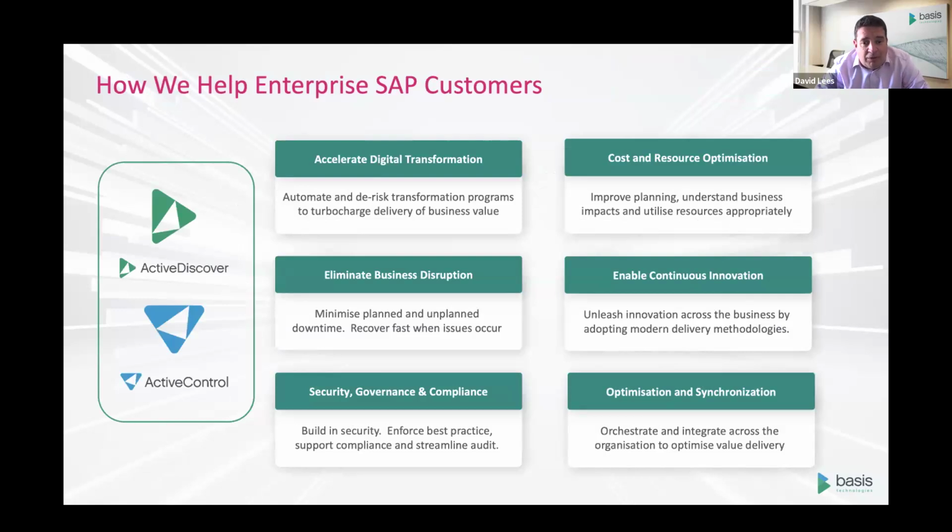But it's also about helping optimize and reduce cost and optimize resources, eliminating downtime and business disruption by helping to reduce both planned downtime as well as avoid unplanned outages caused by poorly handled change. Look to enhance the ability to enable continuous innovation.